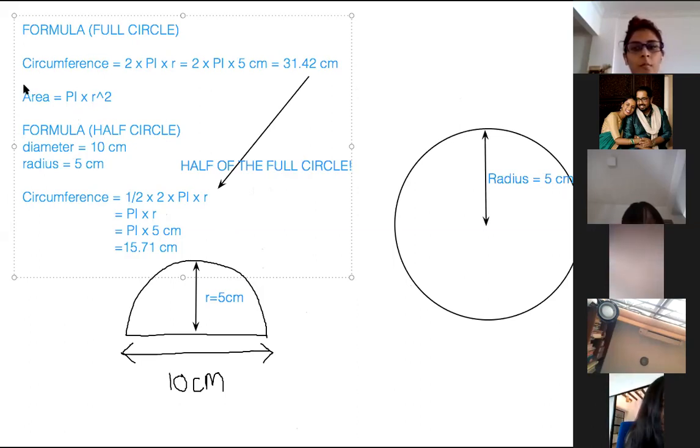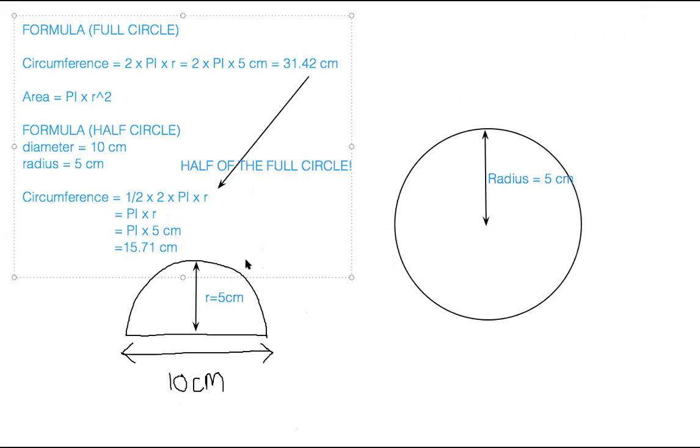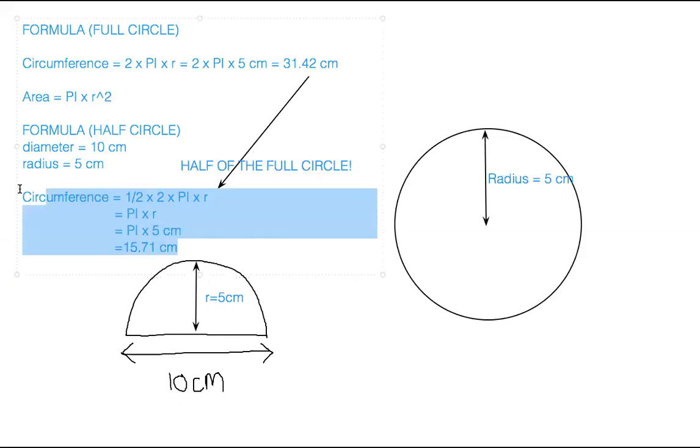Okay, that was circumference, right? What about area? Do you think that the area of the half circle is half the area of the full circle?